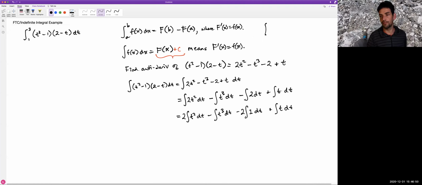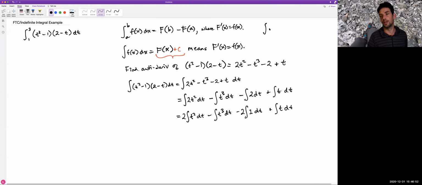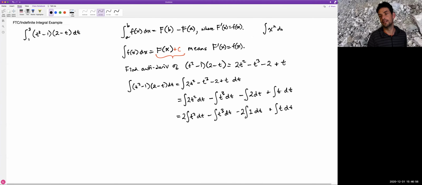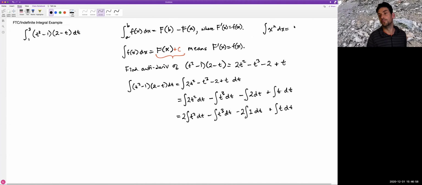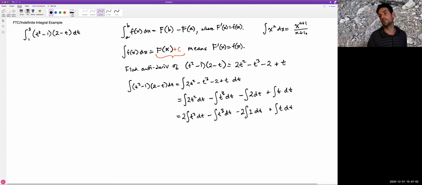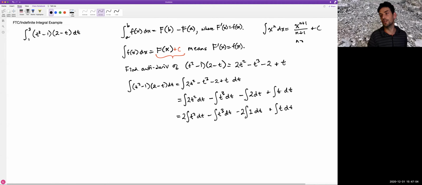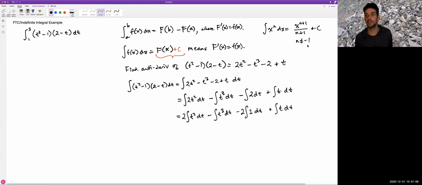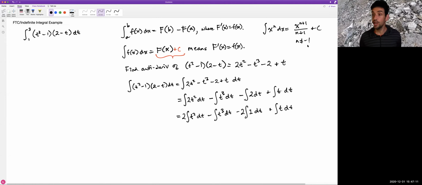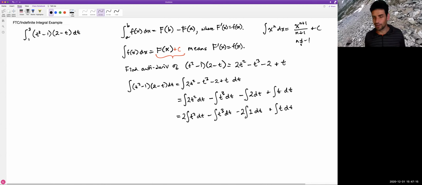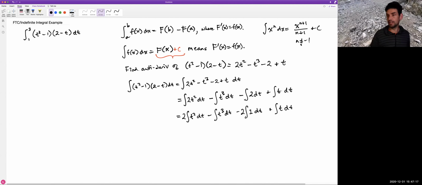If I have the antiderivative of x to the n, this is going to be x to the n plus 1 over n plus 1 plus c, as long as n is not equal to -1, right? Then we'd have to do something different, but we'll save that for another time. So this was sometimes called the reverse power rule, or the power rule for integration, something like that. But you can see what it is.